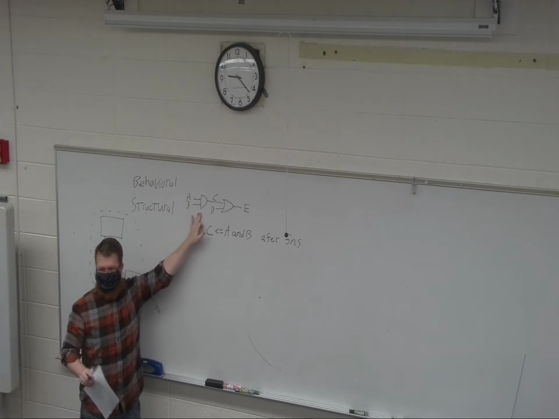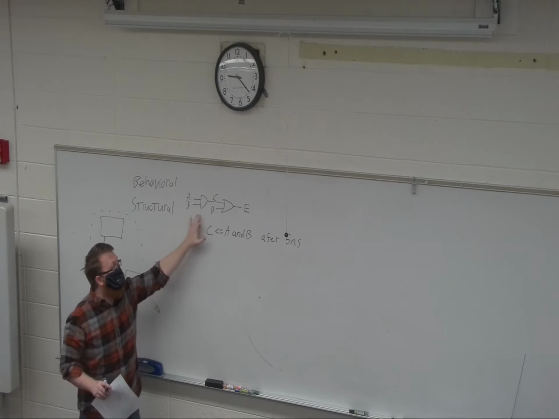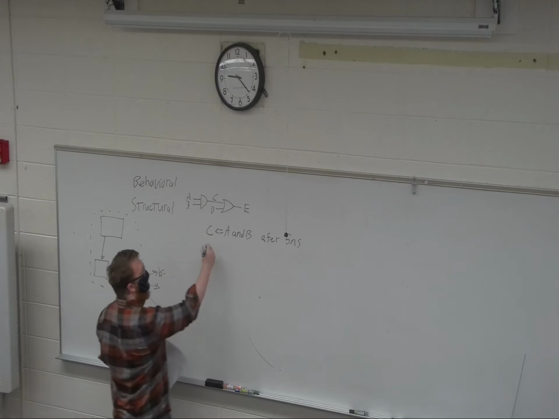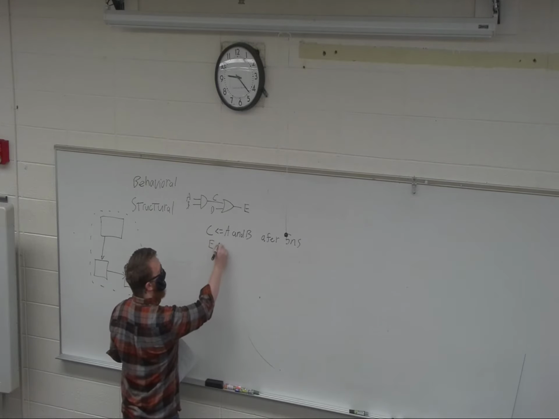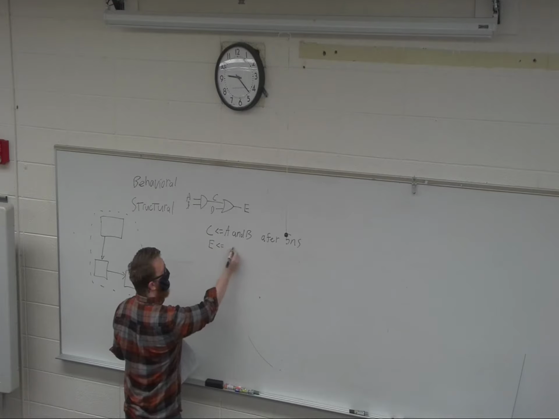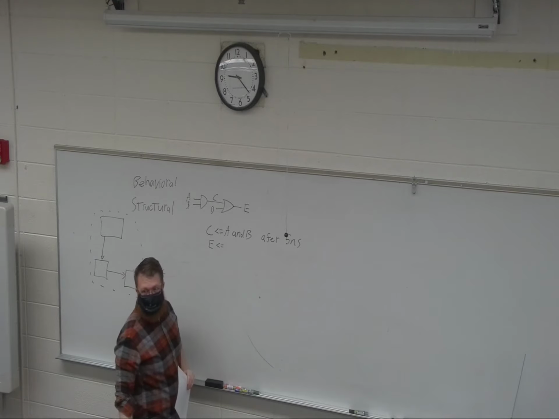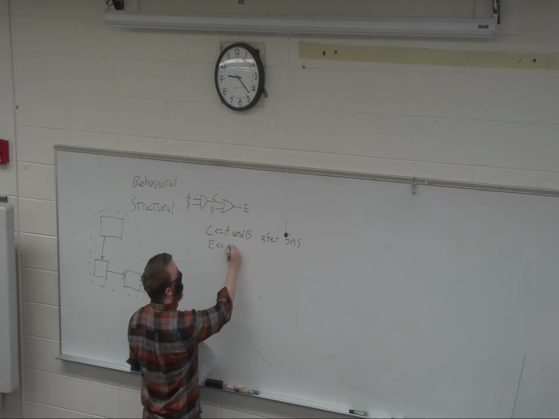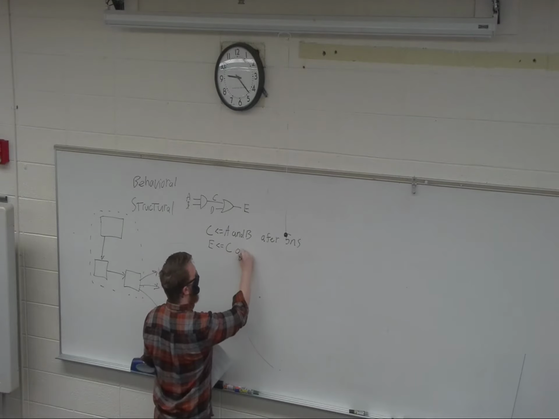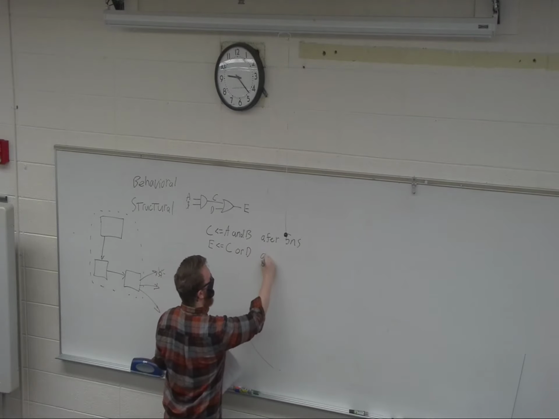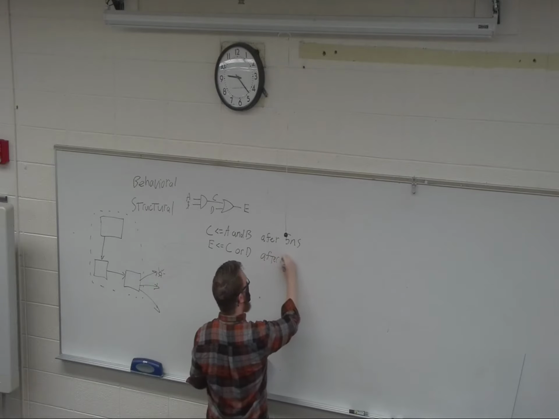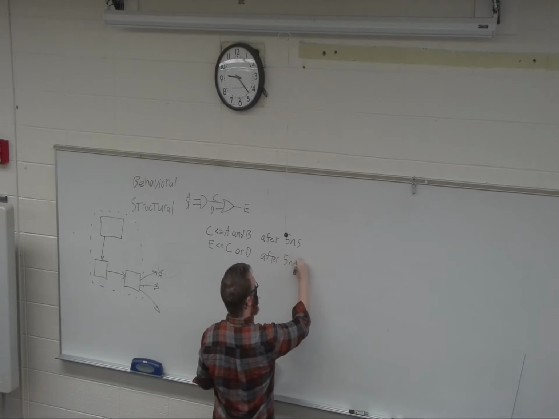The propagation delay is the term that we want to use. And then we're going to have E, same little equal. What's it going to be? Yep, C or D after 5 nanoseconds.